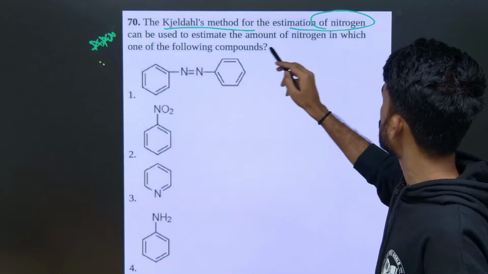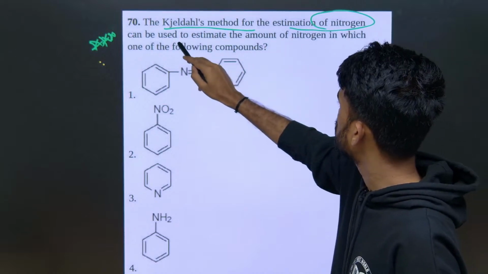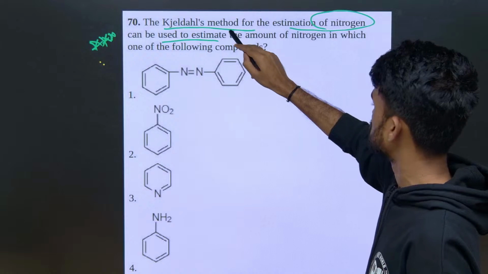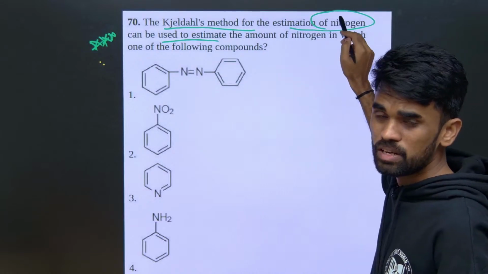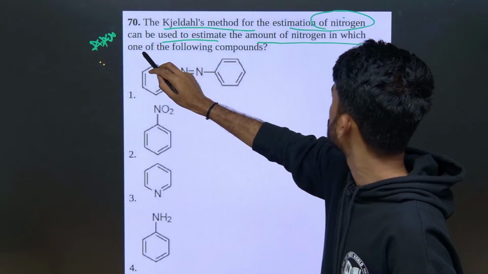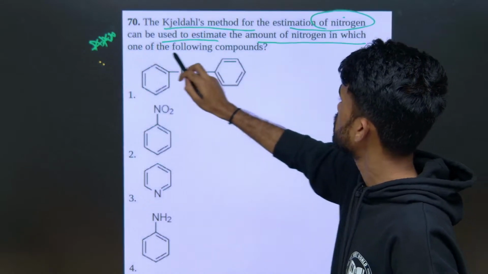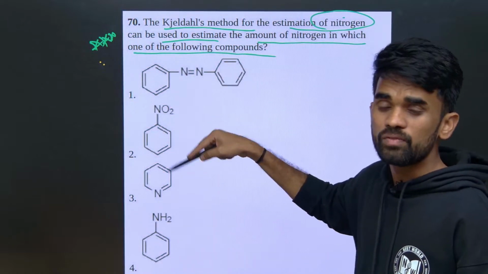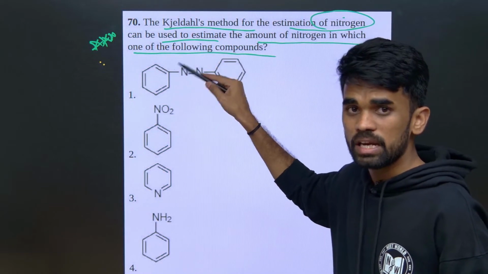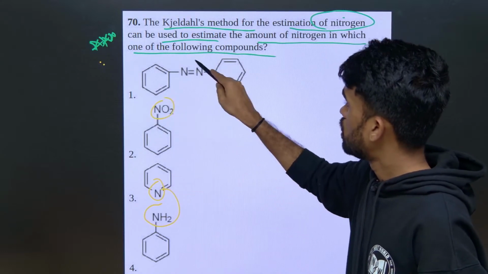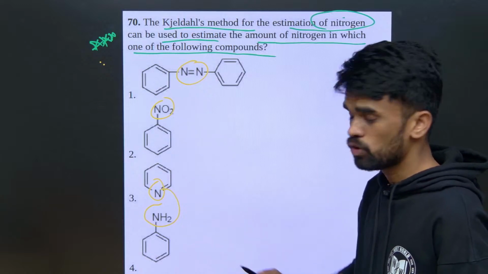In which of the following can the estimation of nitrogen be done? In the given 4 options, in which compound can we estimate the quantity of nitrogen present, he is asking.